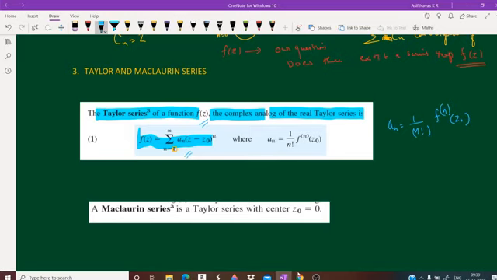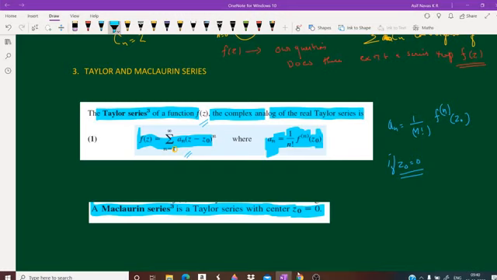If z naught is equal to 0, then we call the Taylor series a Maclaurin series. A Maclaurin series is a Taylor series with center z naught equal to 0. So is it clear? The Taylor series is f of z equal to sigma n equal to 0 to infinity a n z minus z naught all power n, where a n is 1 by n factorial times the nth derivative at z naught.